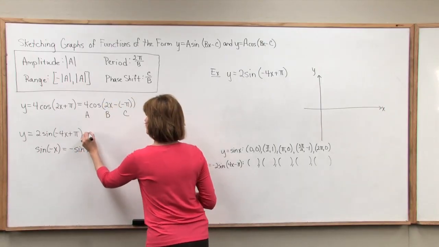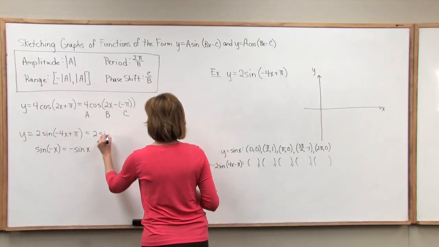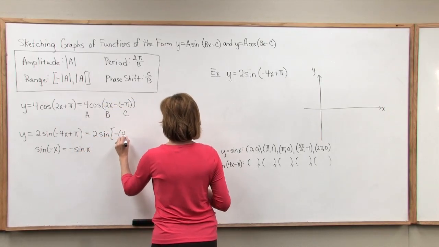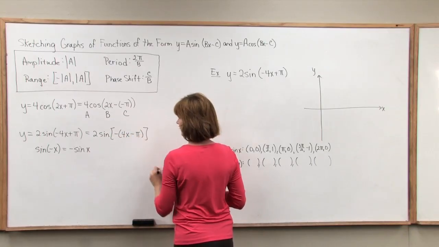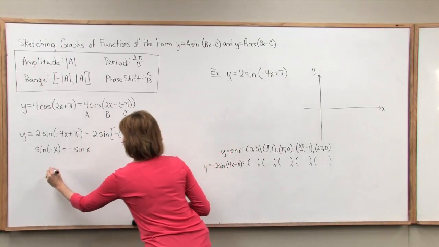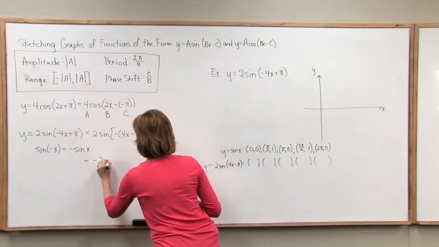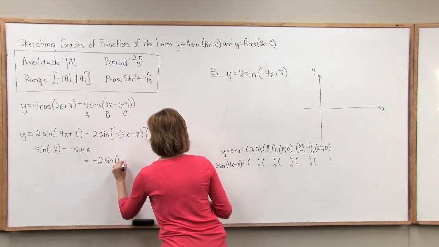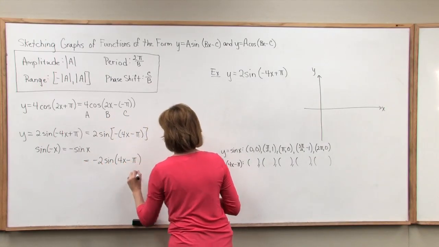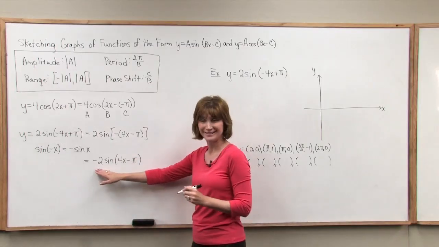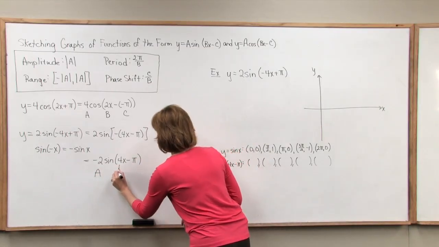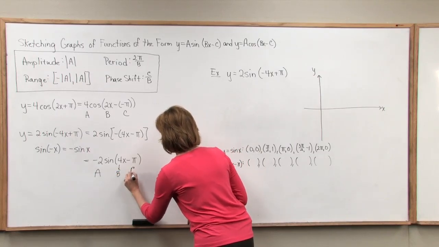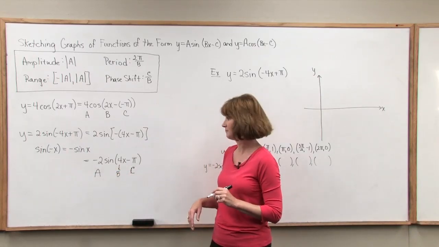So what I can do is I can factor that negative out, and then I actually have 4x minus pi. And then using even-odd identities, this is equal to negative 2 sine of 4x minus pi. So now I can see that my a is negative 2, my b is 4, and my c is pi.